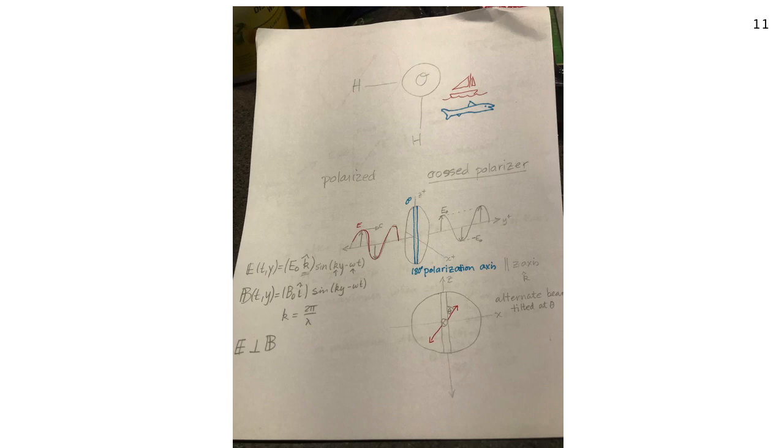So k hat is the unit vector in that direction. i hat is the unit vector in the x direction, and j hat is the one that symbolizes the unit vector in the y direction. Okay, so this lets all the E's, now they're oscillating, from positive to negative to positive again.